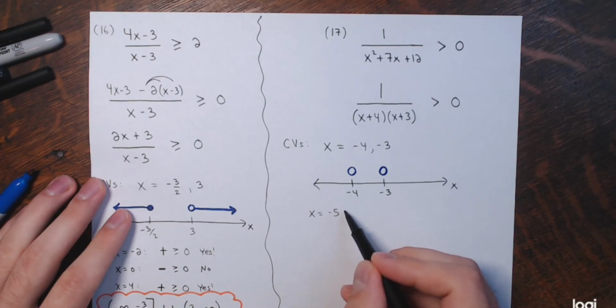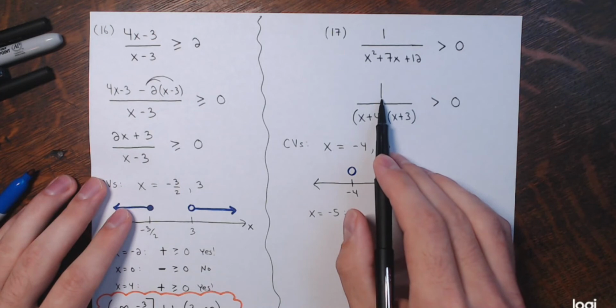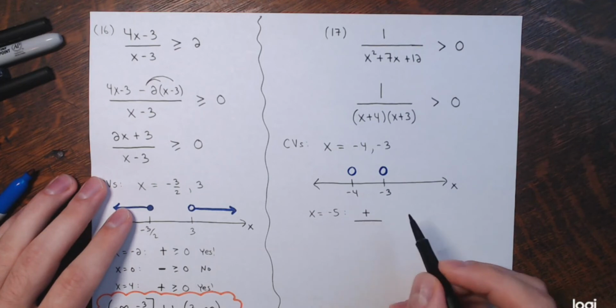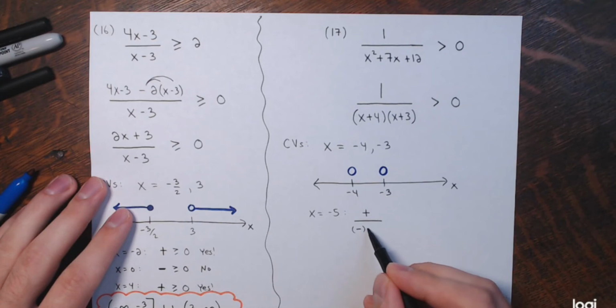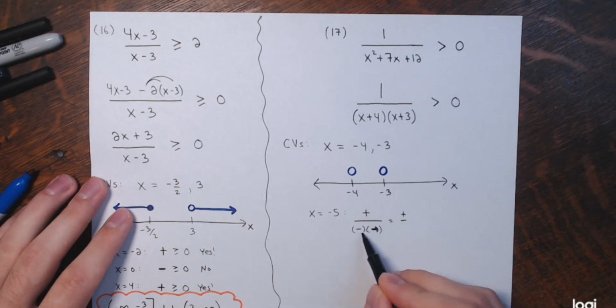testing values to the left of negative 4. Now the numerator is always 1, so the numerator is always positive. And then the denominator, you'd have a negative factor times another negative factor, and that'll be positive. Negative times negative is positive.